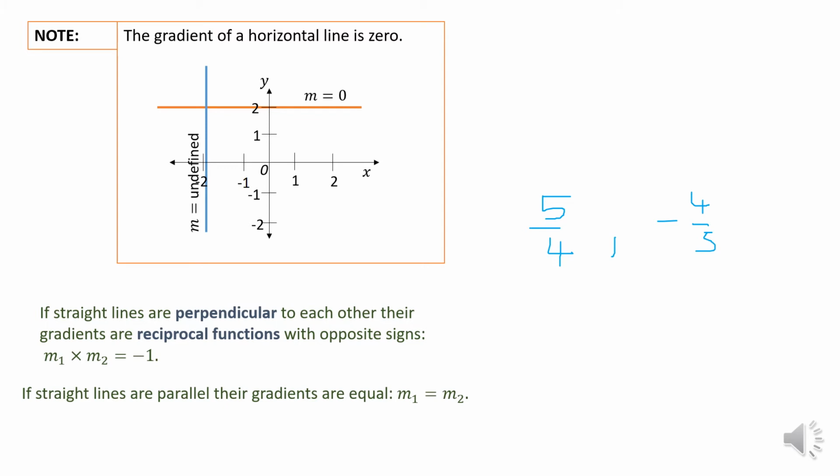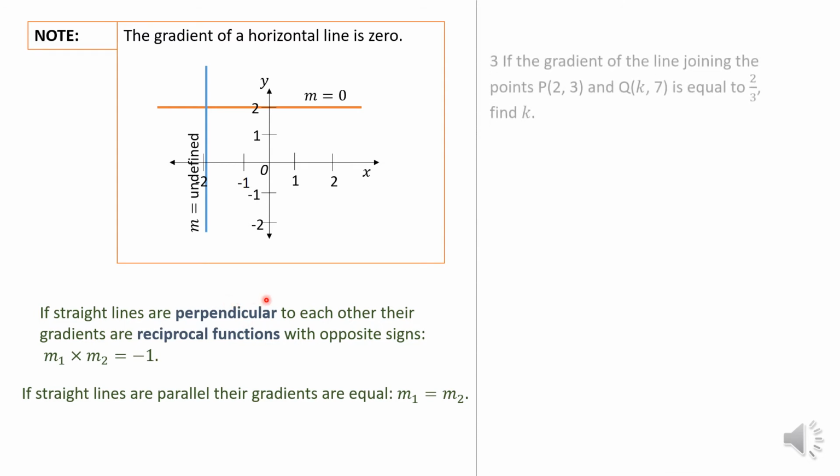If the gradient of another line is -3, the other one should be 1/3, the reciprocal, and the sign should also change. So they are reciprocals of each other, with one sign negative and one positive. That's one of the things you should remember. Of course, I did a video based on that in the past.